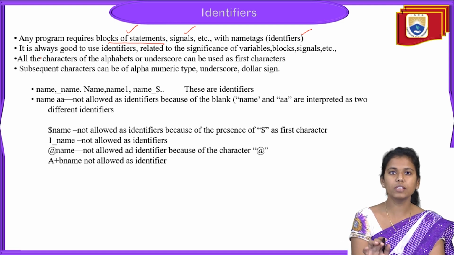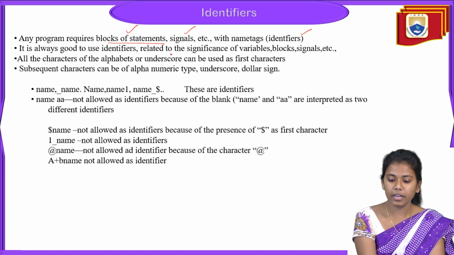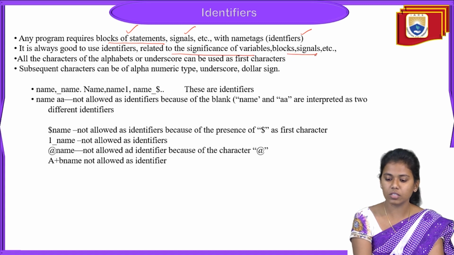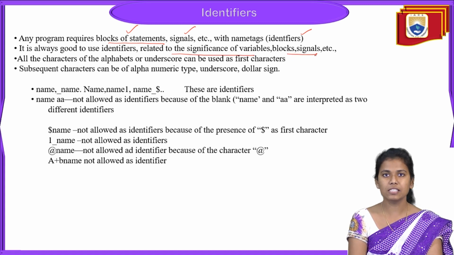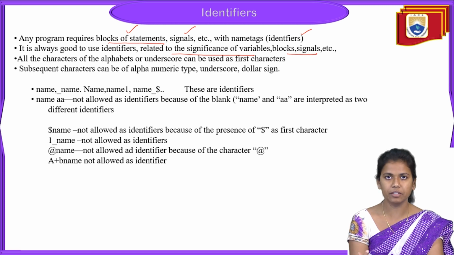Next, it is always good to use identifiers related to the significance of variables, blocks and signals. It is an easy and very important way to represent the signals and the block of statements using name tags called identifiers.